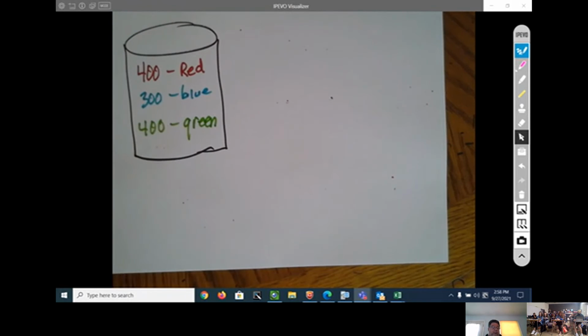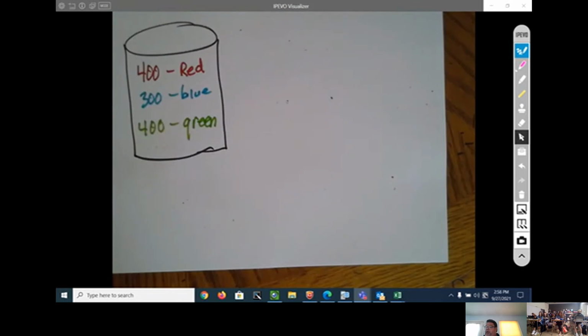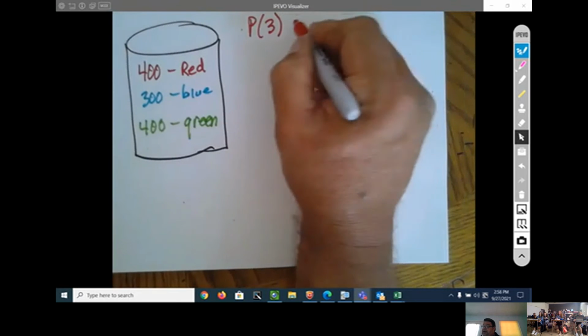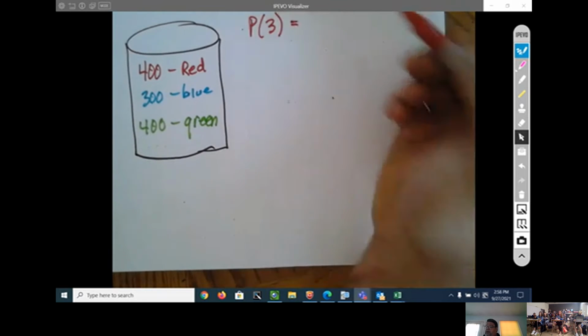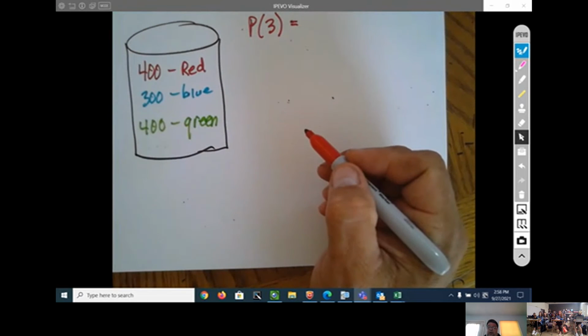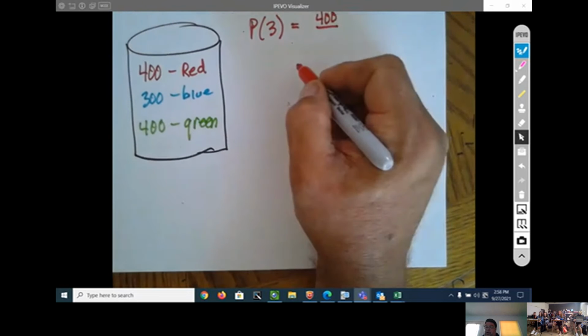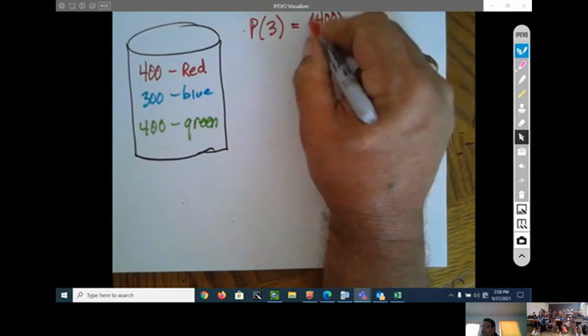Now I want you to pick 3 reds. What is the probability of drawing 3 reds at a time? Well, that's going to be 400 over 1100, raised to the 3rd power.